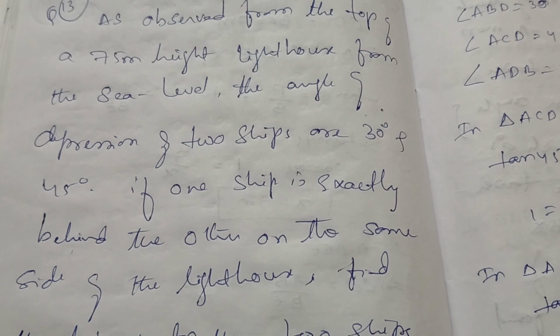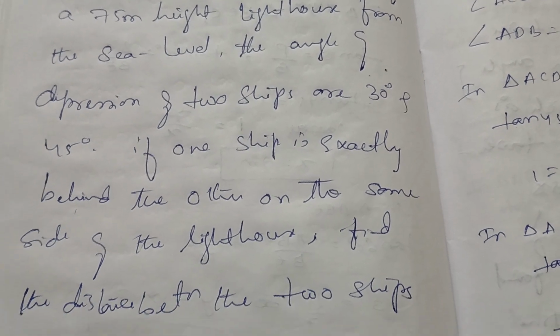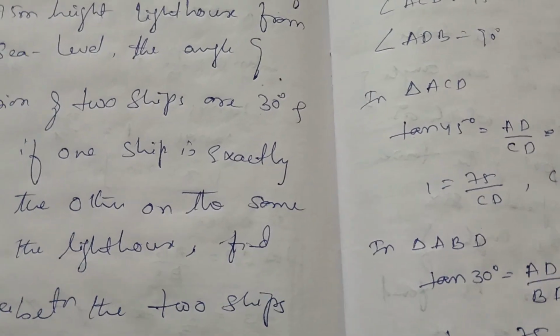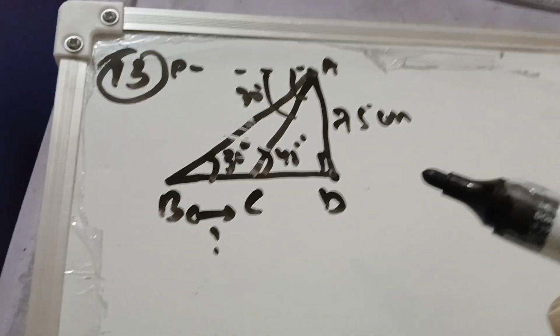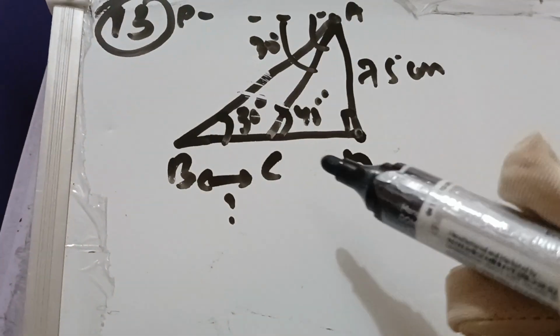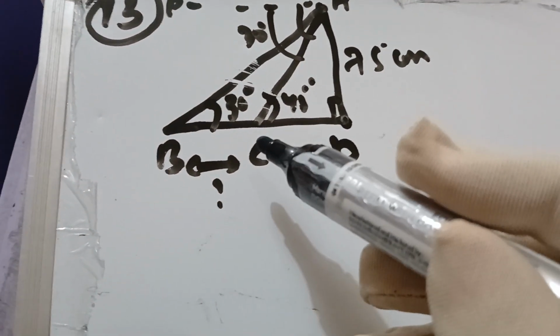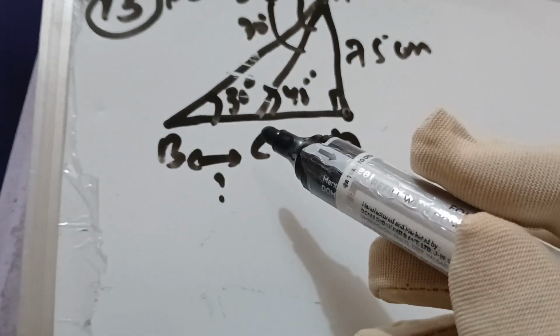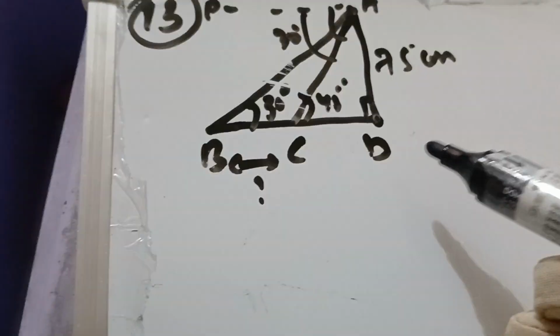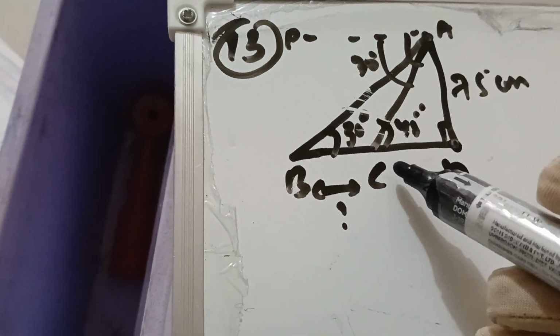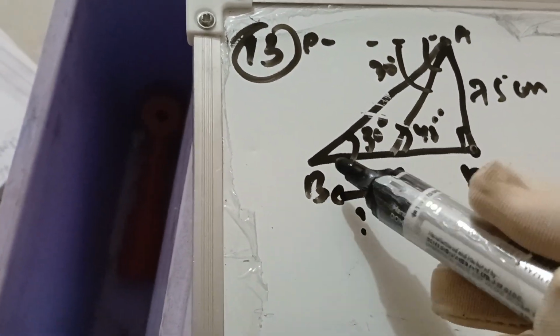If one ship is exactly behind the other on the same side of the lighthouse, find the distance between the two ships. So here it says that the lighthouse is of 75 meter height, and the ships are on the same side of the lighthouse.